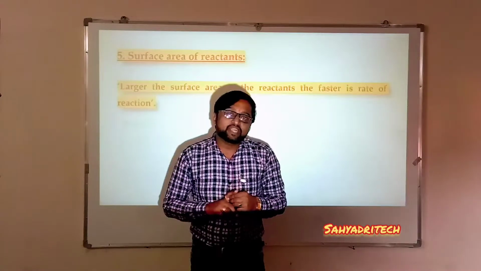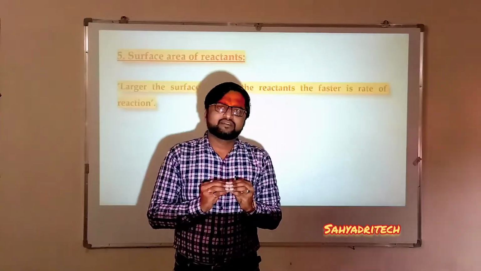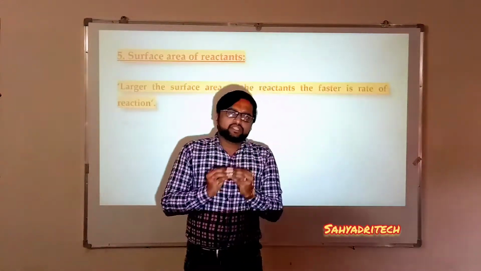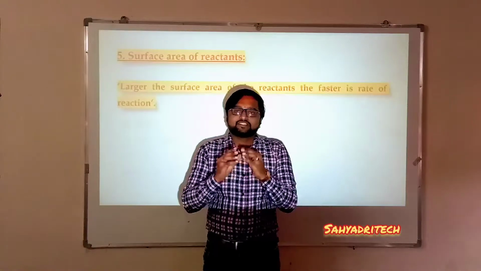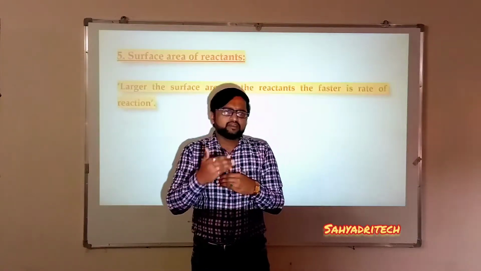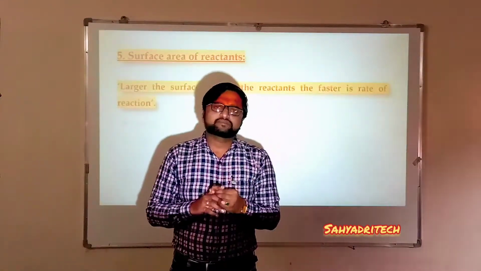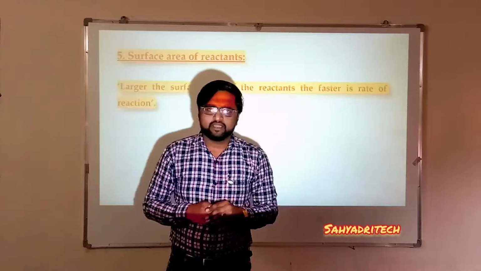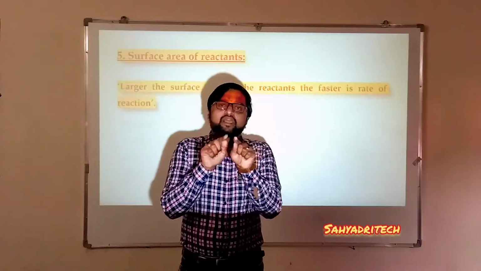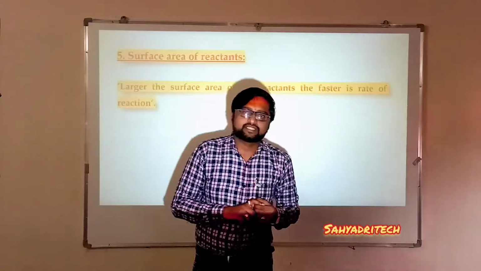During collision, the reactant molecules come in contact with one another, and there will be an exchange of electrons, or a new bond will be formed between the reactant species, leading to the formation of a product. The surface area of those reactant molecules is going to influence the rate of a reaction.